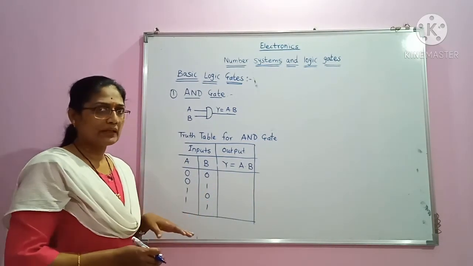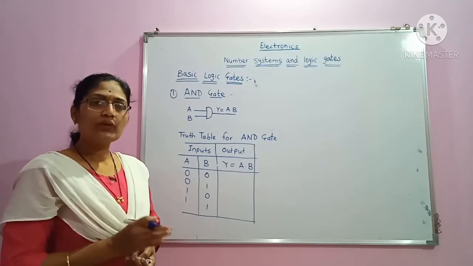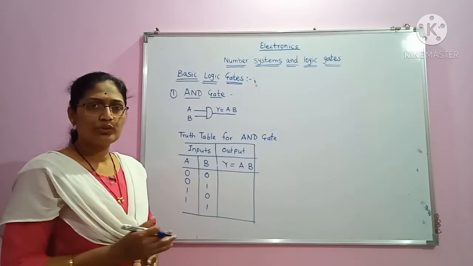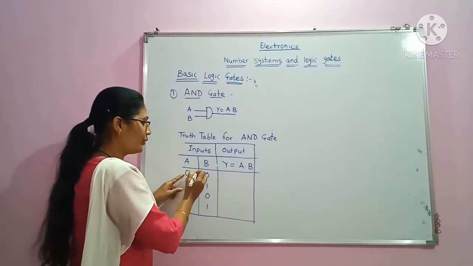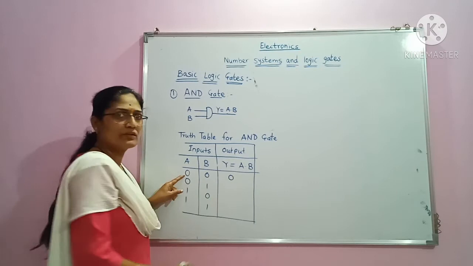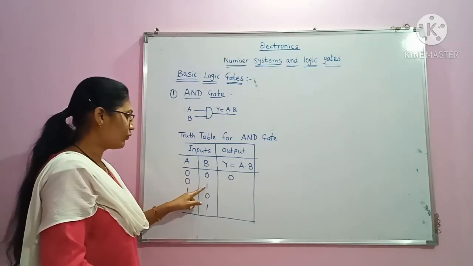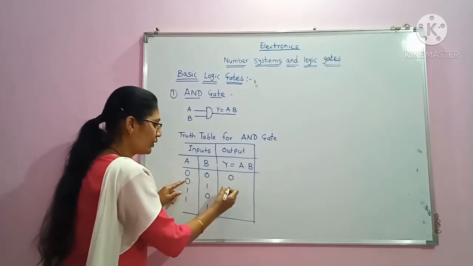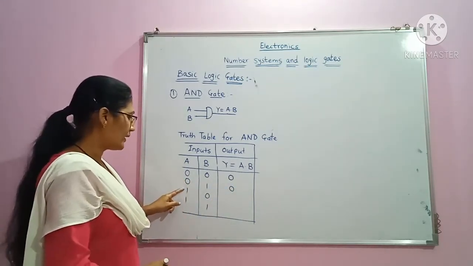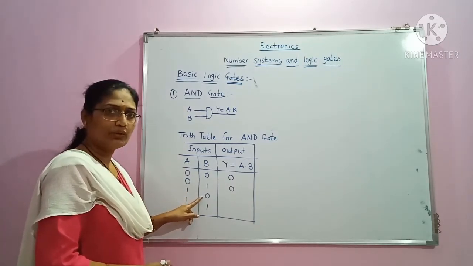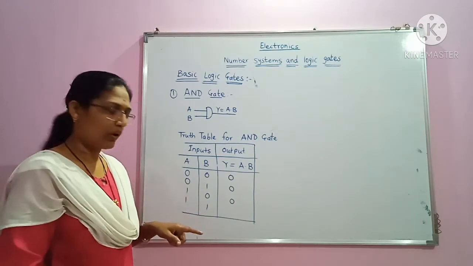We know that in case of product, if we multiply any digit with 0, then its value is going to be 0. So here 0 into 0 will give me a 0, that is low. Then 0 and 1 is also going to give me a 0, that is low, logic 0. Then 1 into 0 also gives a 0, that is logic 0 or low.